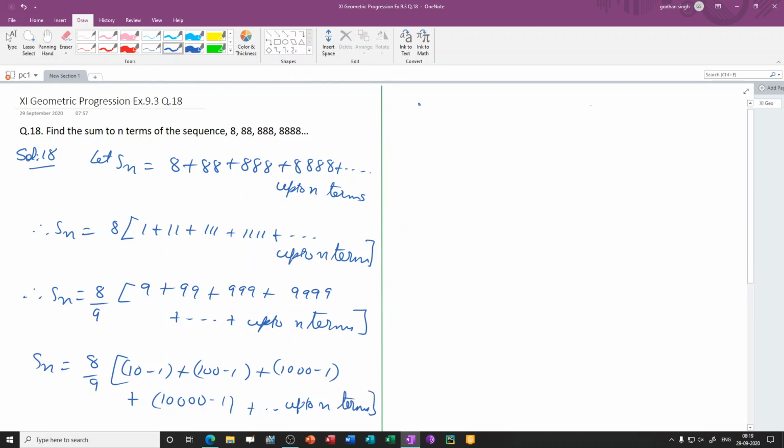Now we will write 10, 100, 1000, and so on in compact form.